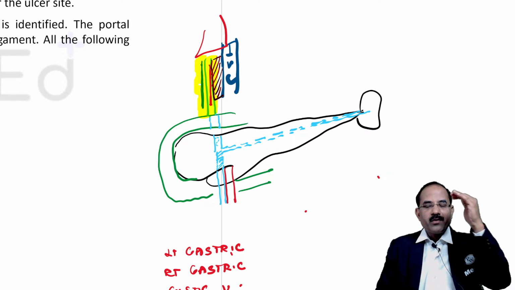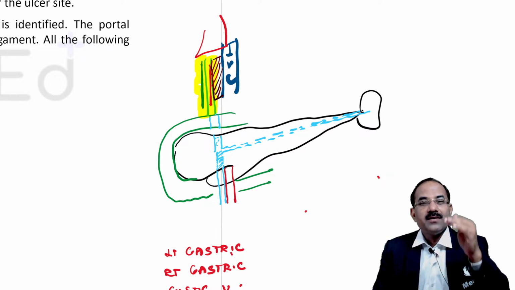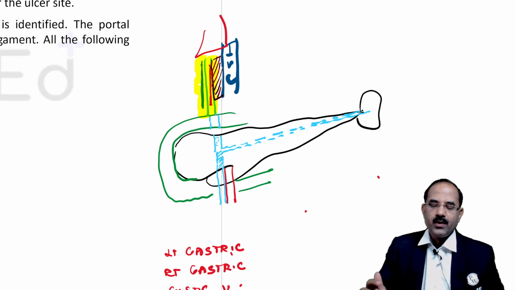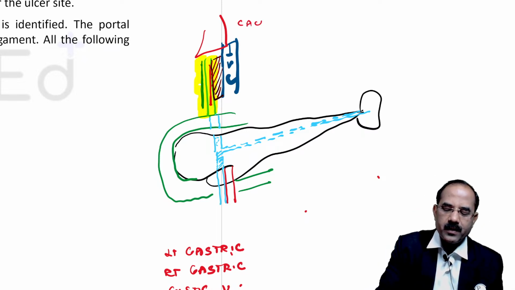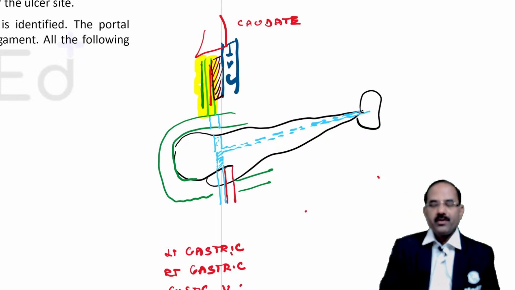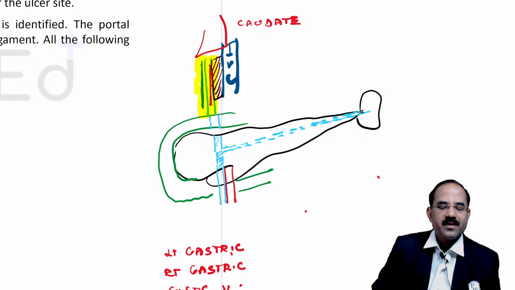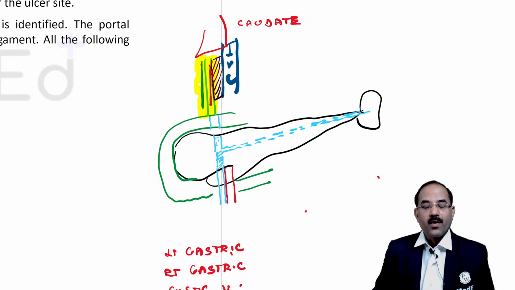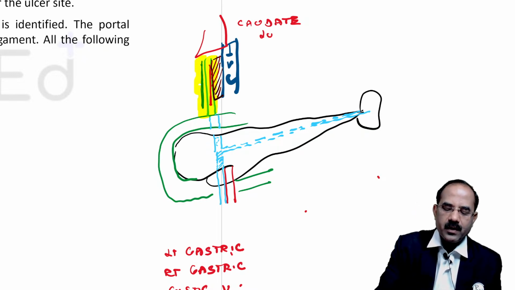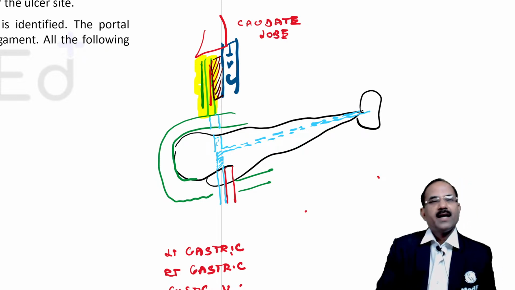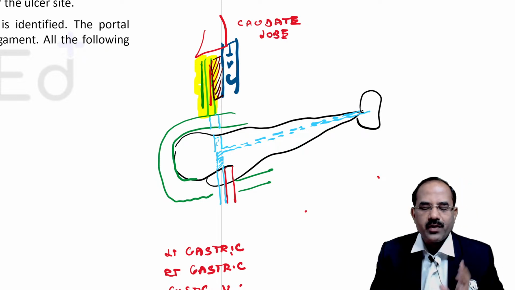So the superior boundary of the epiploic foramen is formed by the caudate lobe of the liver. And the inferior boundary of the epiploic foramen is formed by the first part of the duodenum. Not the diaphragm, children, it's the caudate lobe of the liver. Inferior is the first part of the duodenum. I'm so sorry.